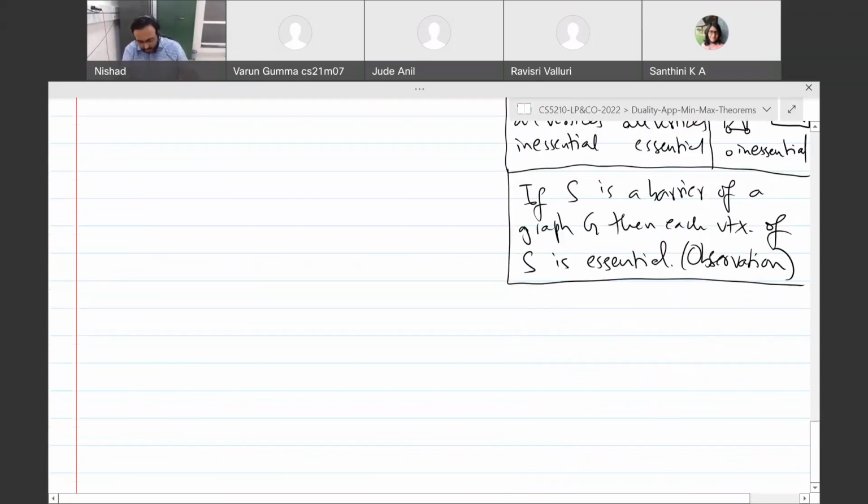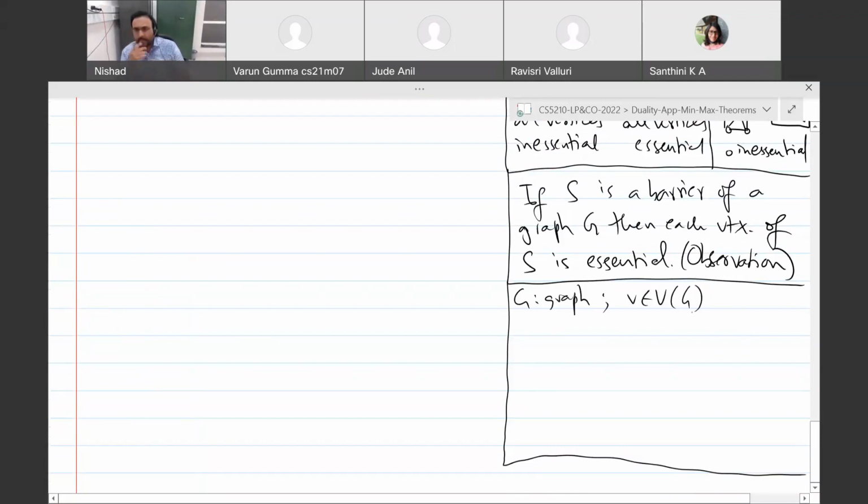If not, I want to state one other way of thinking about essential and inessential vertices real quick. Observe that if G is any graph and v is any vertex of the graph, let me introduce a notation. When I say M of G, I mean some maximum matching of G. I will not generally use this notation.